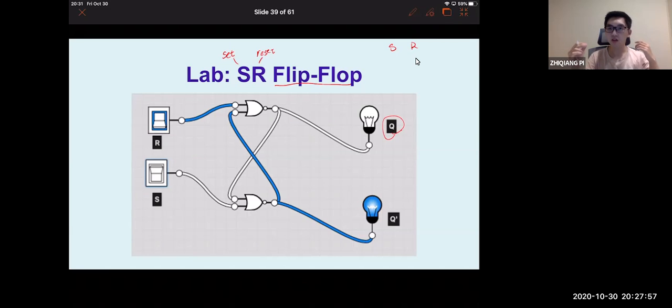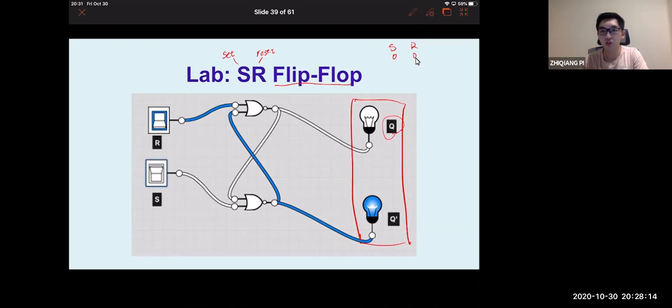But at the same time, you need to understand that when we draw a truth table, we still need to consider previous outputs. So when the set bit and reset bit are both 0, the outputs, Q and Q prime, don't change. When the set bit is 1 and the reset bit is 0, we set the Q bit to 1.